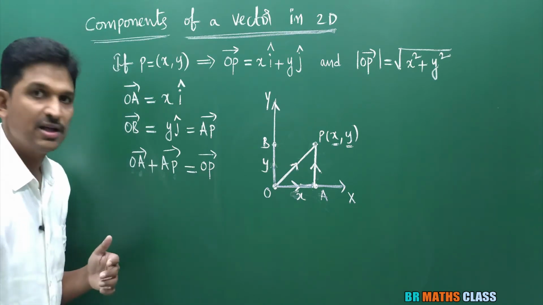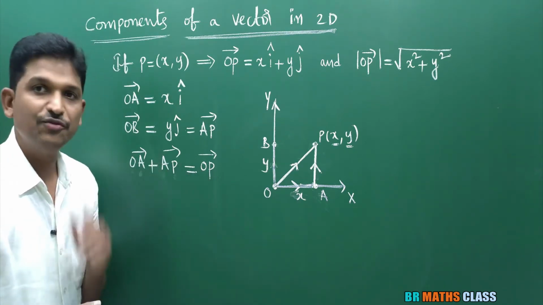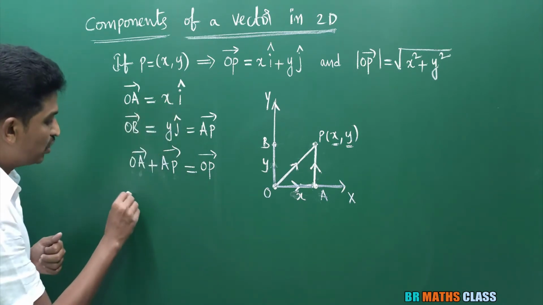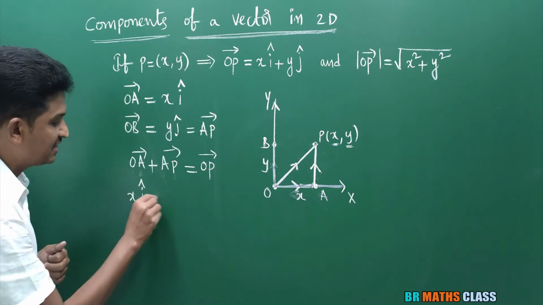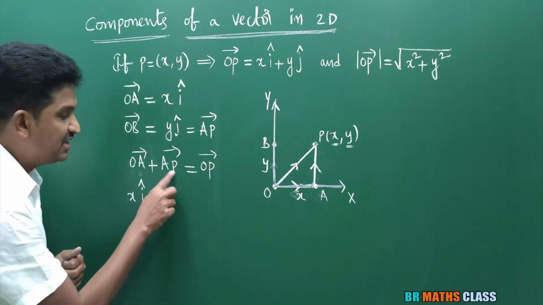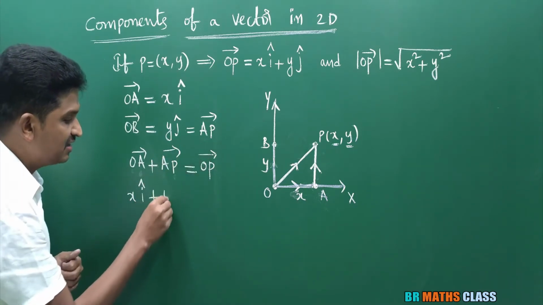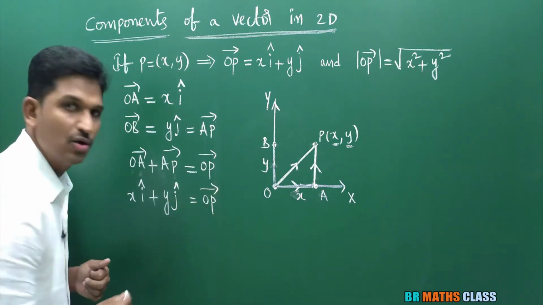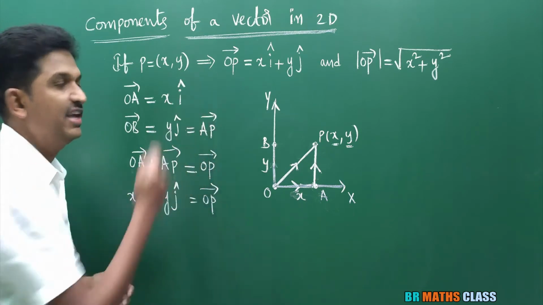Okay, right. Now what am I trying to find? I am trying to find OP bar. You know what OA bar is. OA bar is x i cap, plus AP bar, which is y j cap, equal to OP bar. We are trying for OP bar only.